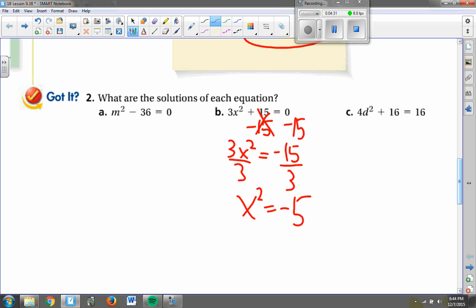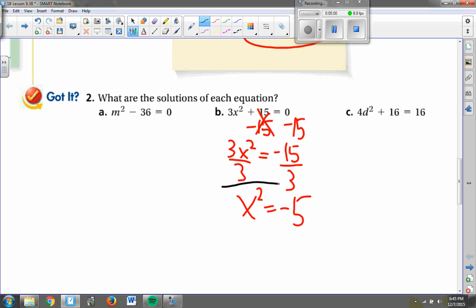Now, if I want a number that I can square and get to negative 5, you might think I need this to be a negative number. But let's think, if I do negative 2 times negative 2, meaning negative 2 squared, I get a positive 4. If I do a negative 3 times a negative 3, I get a positive 9. So any negative number squared is positive, and any positive number squared is positive.